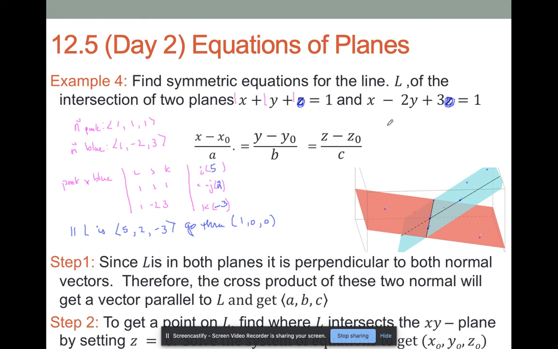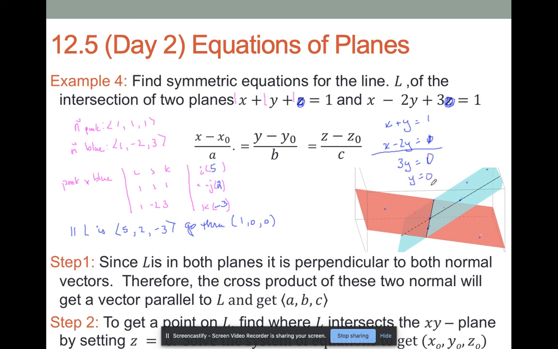So what I did was I made z equal to 0, and I had x plus y is equal to 1, and x minus 2y is equal to 1. I solved the system. I subtracted. X minus x is 0. 1y minus negative 2y is 3y. 1 minus 1 is 0.